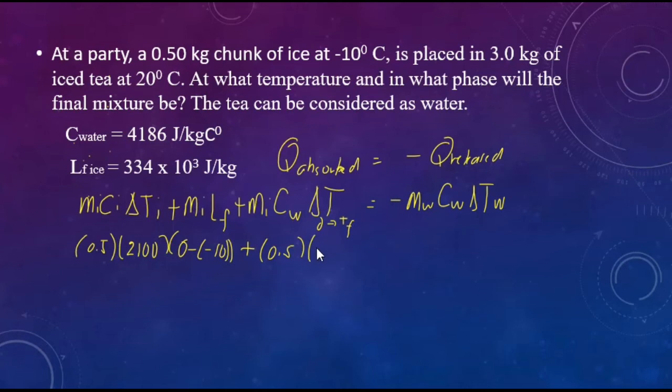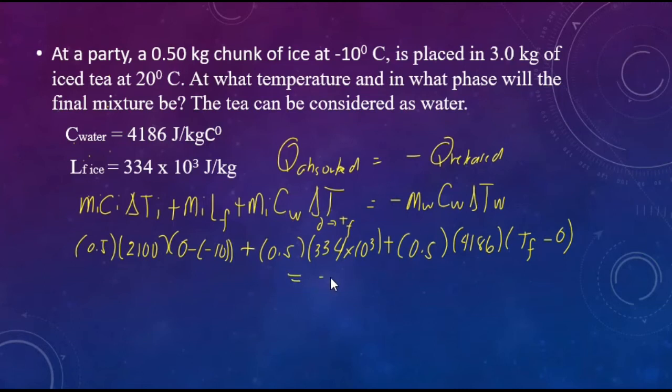LF of the ice is 334 times 10 to the third. Mass of the ice again, 0.5. C of the water, we are using joule per kilogram Celsius degree. So C of the water is 4186 joules per kilogram Celsius degree. And then delta T is TF minus 0.